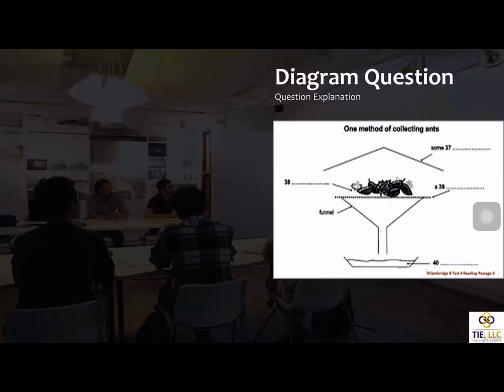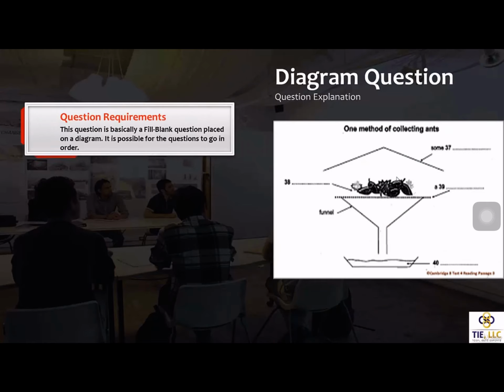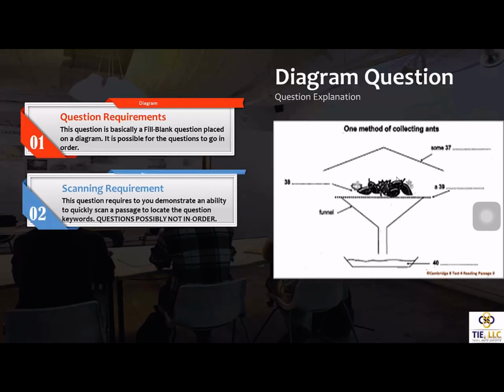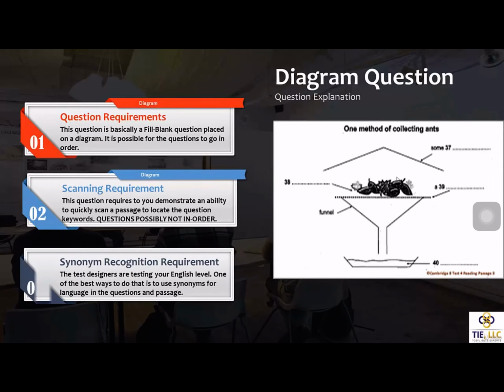So a diagram question might look like what you see on the right-hand side, right? They have a diagram of how they collect ants. And you have all these blank lines you have to finish or really complete. And you have to be able to look at a diagram. And really, this is how they're testing your English, right?